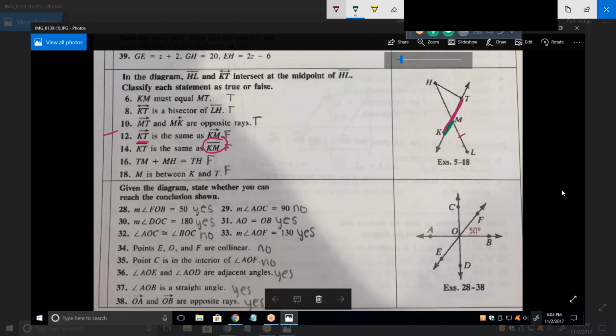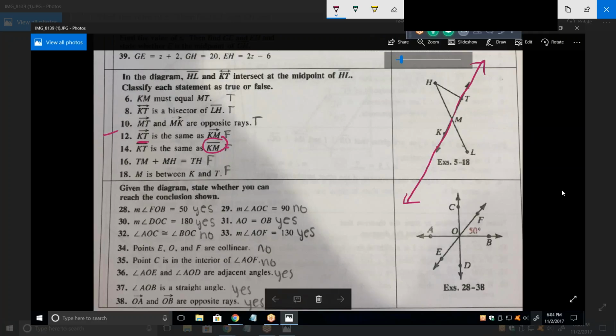Now, if we go back to the previous problem, number 12, the difference is they're talking about not a line segment, but the entire line. So I guess when you define the ray KM, it goes to infinity in both directions.